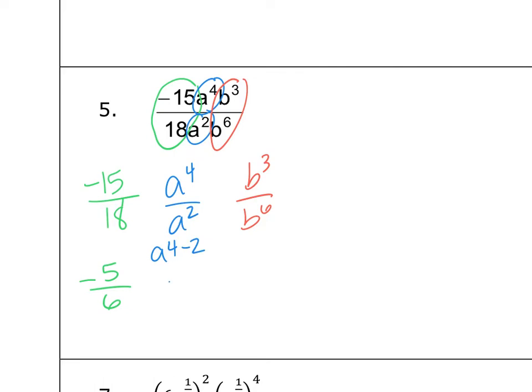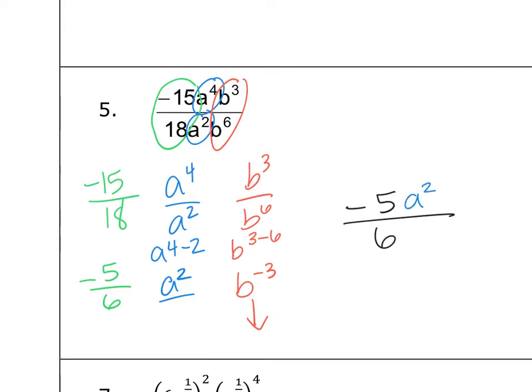So a to the 4 minus 2 is 2, and it's positive, so I'll leave it on the top. And then for my b's, I'm subtracting also. So 3 minus 6 is negative 3. So that will be pushed down to the bottom. For my final answer, I have my negative 5 over 6. A squared is staying on top, and b to the 3 is pushing down to the bottom. And I can leave my answer as such.